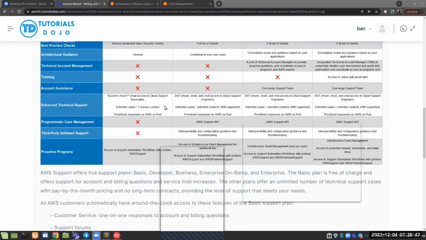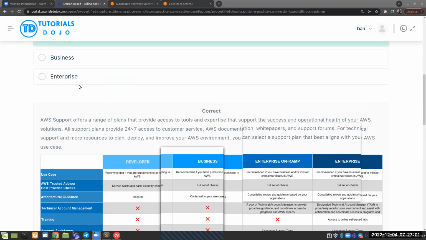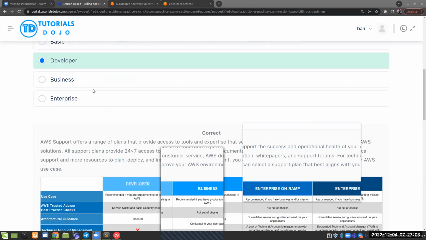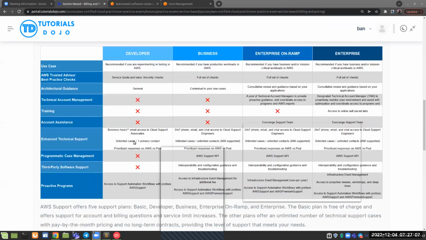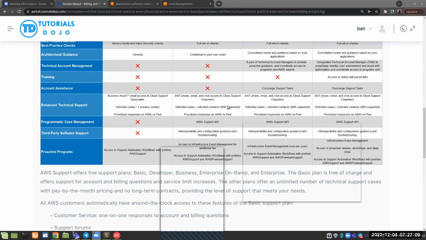If you look at the business plan, we have unlimited cases and unlimited contacts. But the developer plan has unlimited cases and 1 primary contact. So it's developer, right? Developer has unlimited cases, so from developer, you can open unlimited cases.